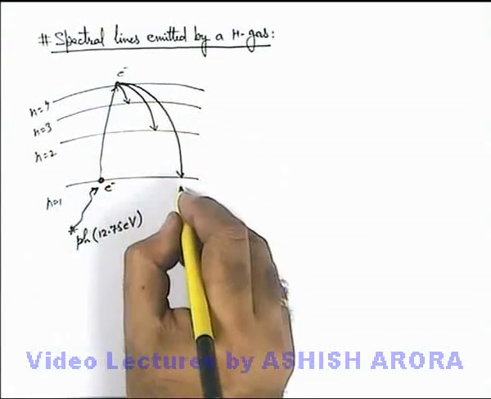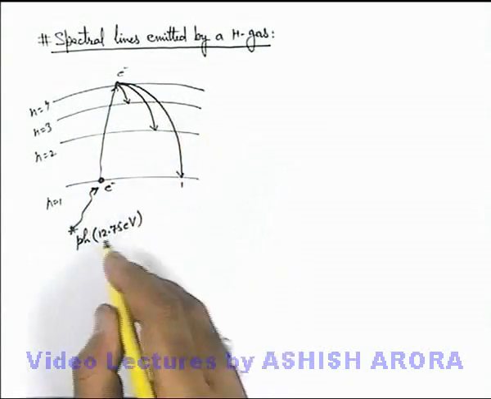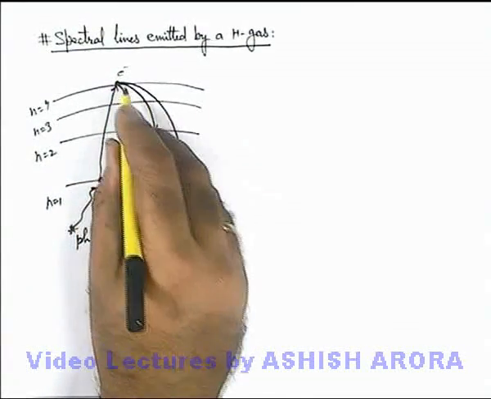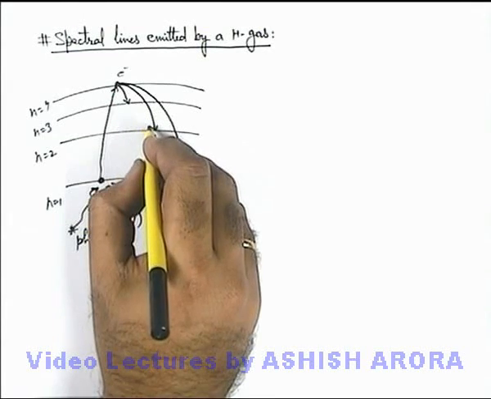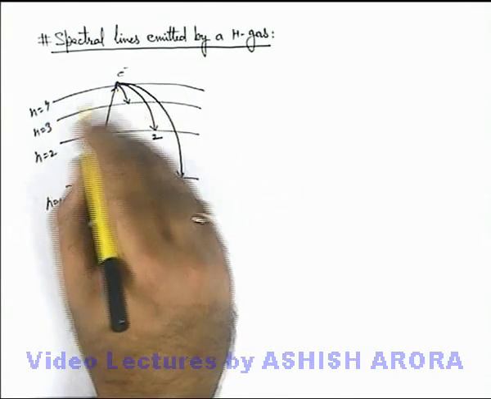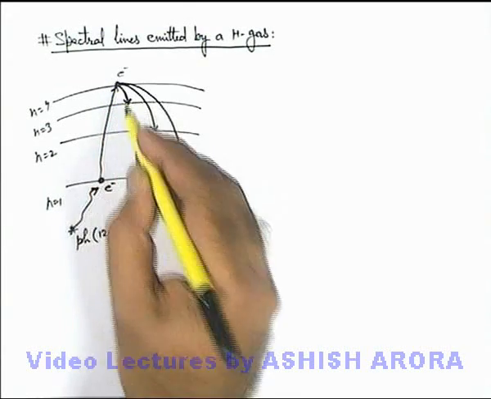If it makes a transition to 1, it will emit a photon of 12.75 electron volt. If it makes a transition to 2, the photon of energy difference 4 to 2 is emitted, and a photon of energy difference 4 to 3 is emitted if it drops back to 3.